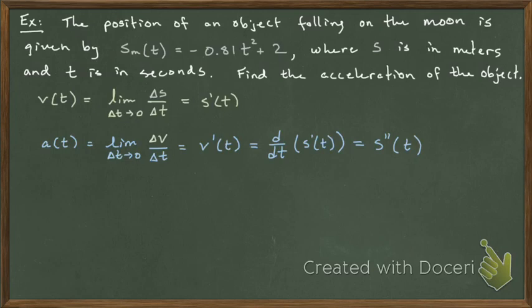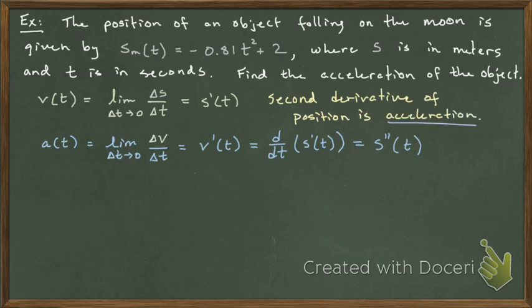Since I have position, I can go ahead and find acceleration by taking a derivative, and then another derivative. So I've got an application of the second derivative here. The second derivative of position is acceleration. So v would be the derivative of position, the derivative of this polynomial minus 0.81 t squared plus 2.